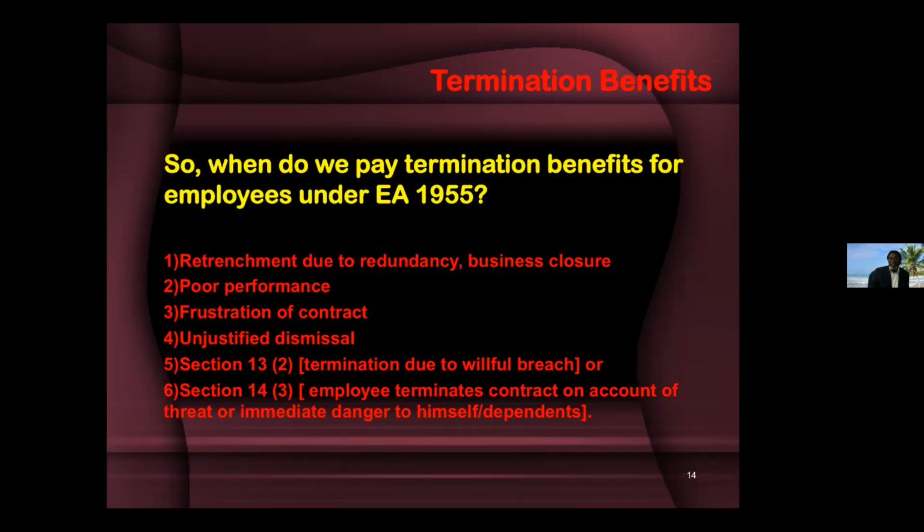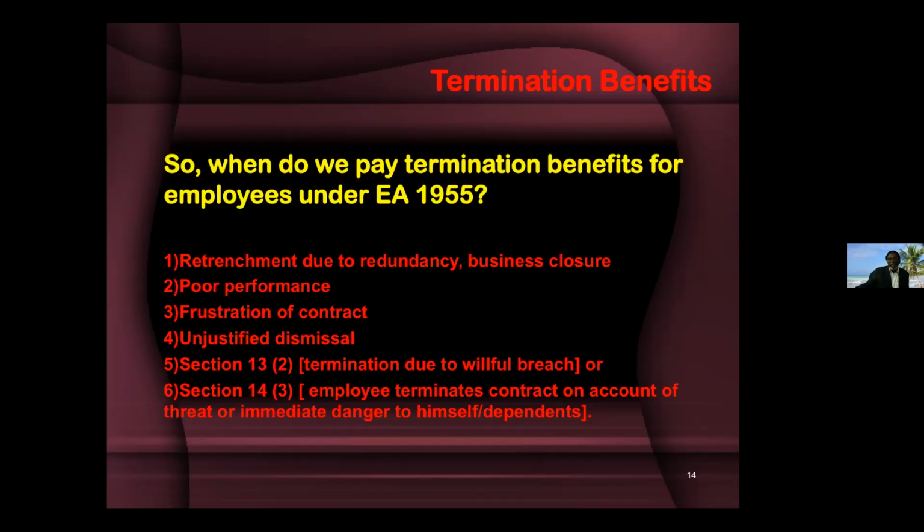Number three, frustration of contract. This is another area where we end up paying termination benefits, but this area of law is highly disputable, because frustration of contract is when an employer and employee go into an employment contract, but a supervening event happens to prevent either party from performing its obligations under the employment contract, if you know what I mean.